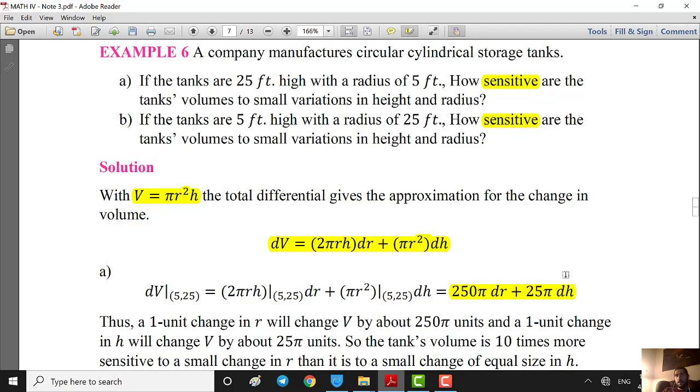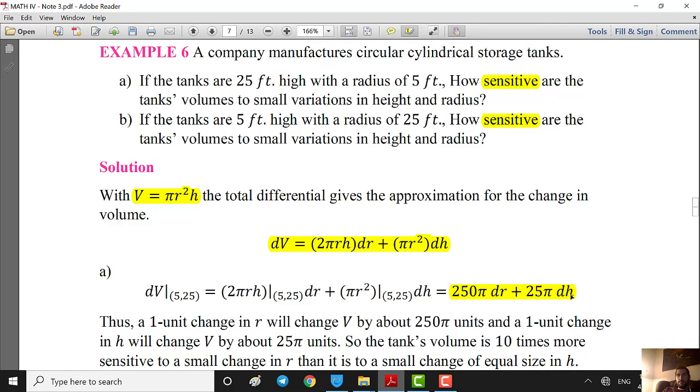right? How much more? Yes, the answer is 10 times, right? A 1 unit increase in R is going to increase V by this coefficient, 250 pi.